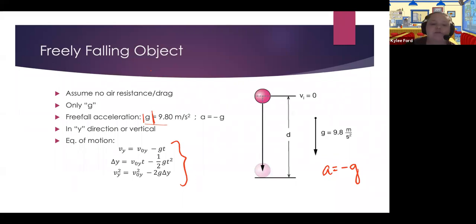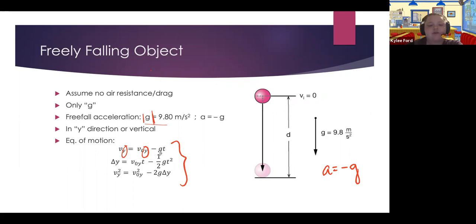These subscripts aren't super necessary. It's just here to remind you that it is only in the y direction. Okay, so they're really, again, not super necessary, but just know that you may encounter that, may see that in the textbook, or maybe not, okay?